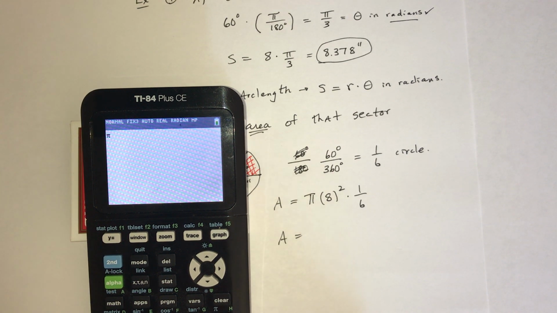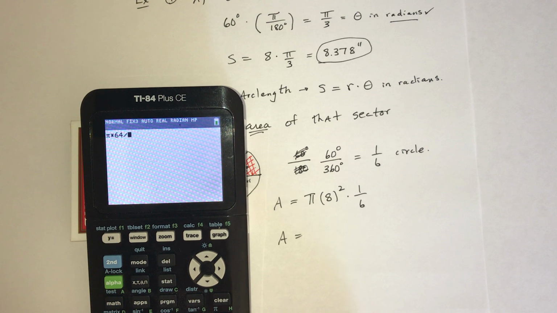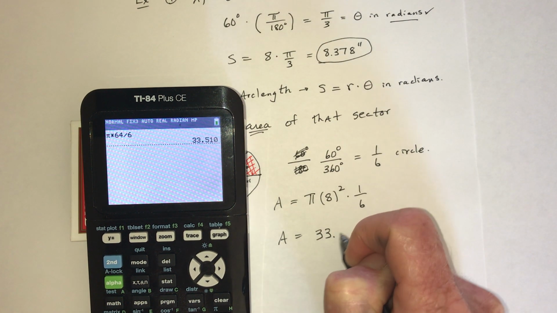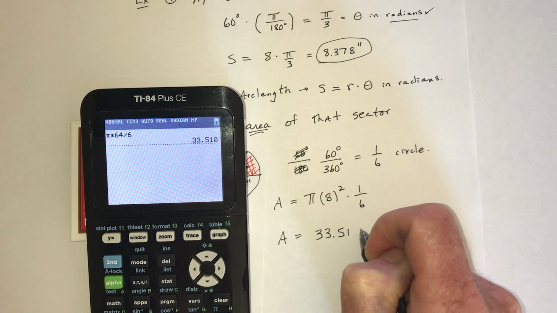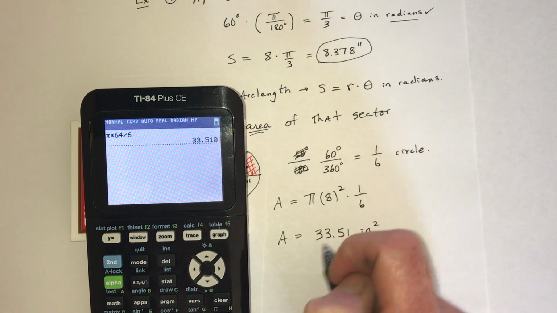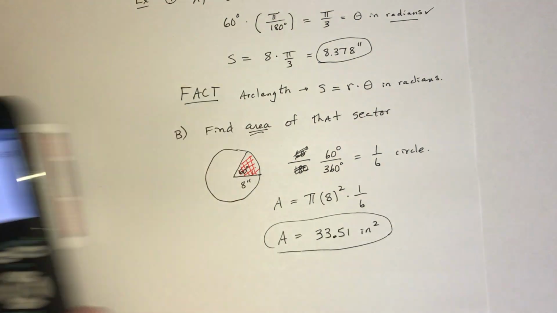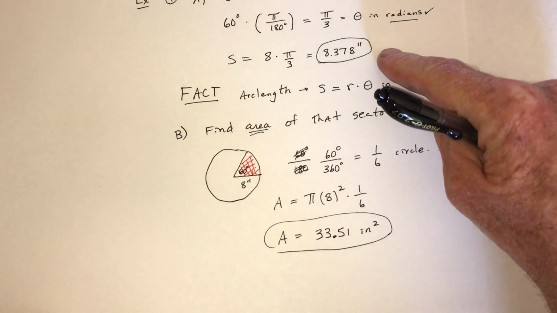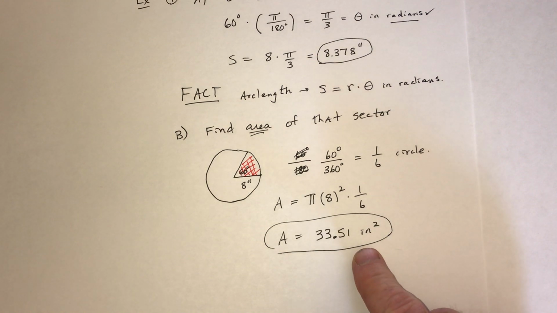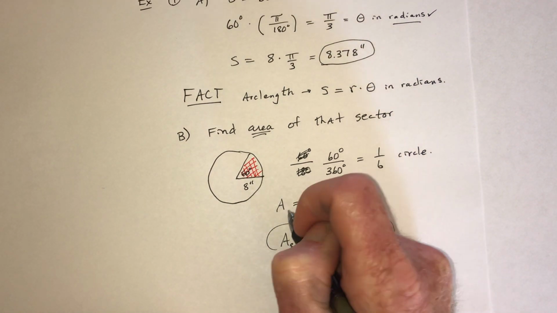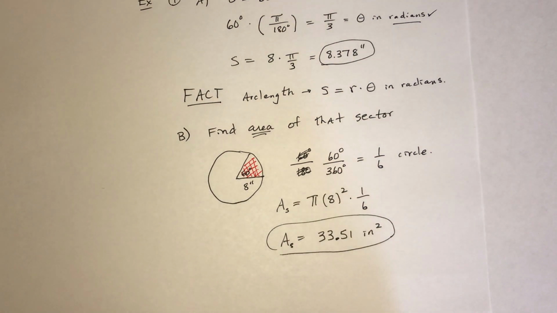So pi, that would be 64, divided by 6. So it would be 33.51, and then this is area, so it would be in square inches. So we have arc length, area of a sector. Sometimes this is called A with an S to say area of the sector.